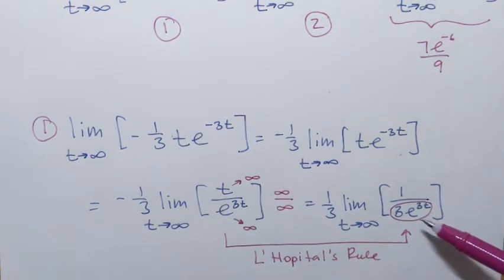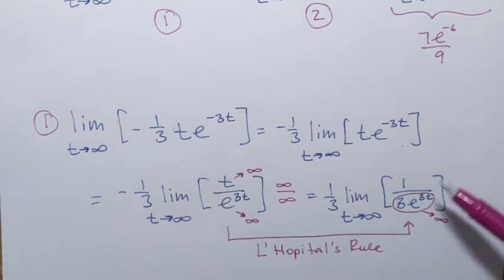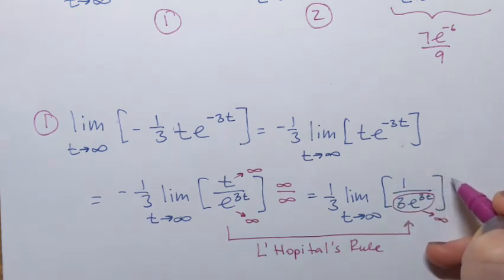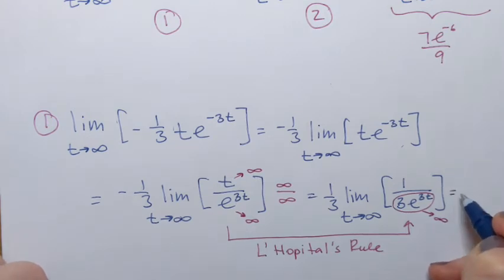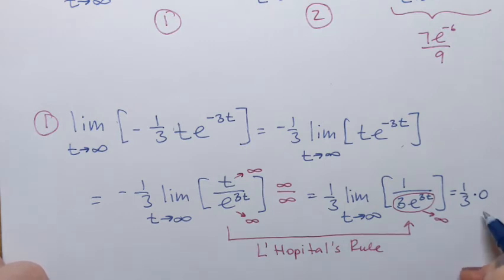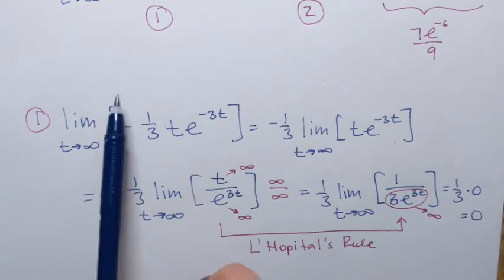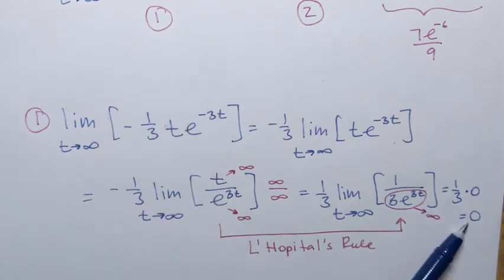And as the denominator gets infinitely large, the overall fraction approaches 0. So that all goes to 0. In other words, I'll end up with 1/3 times 0, and that is just 0. So the limit of this first piece is 0.